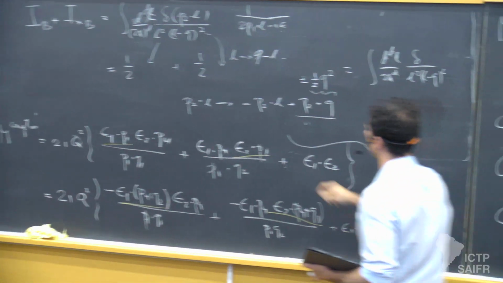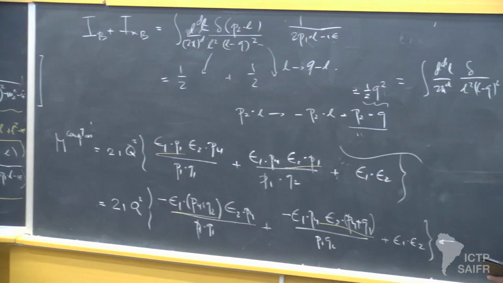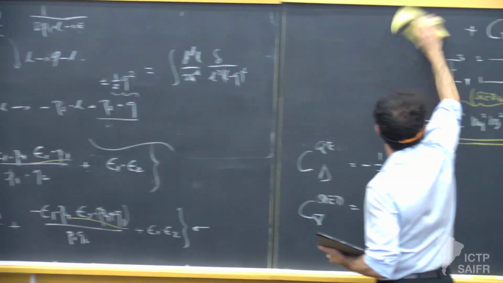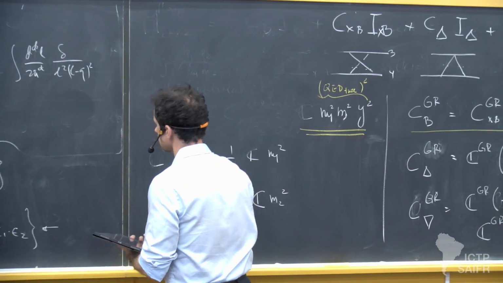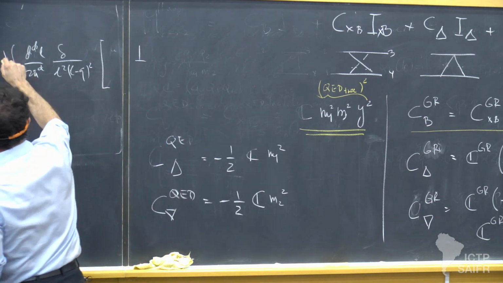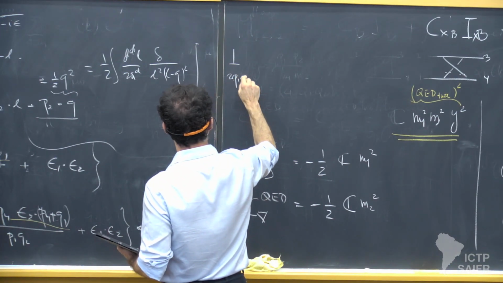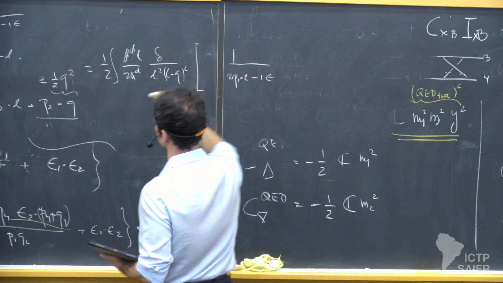And then the one lonely term that's linear in L now gets a friend. So there's a 1/2. Gets a friend. So 2P1 dot L minus I epsilon. So that's this guy.